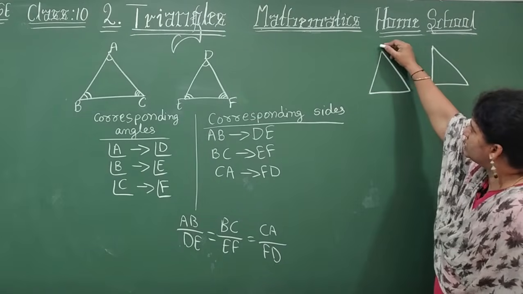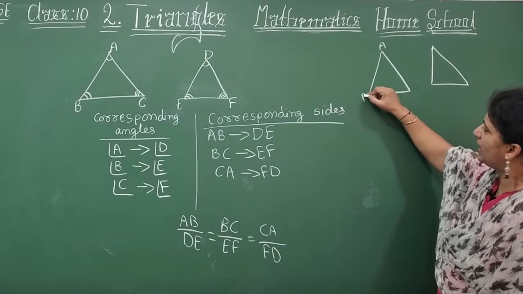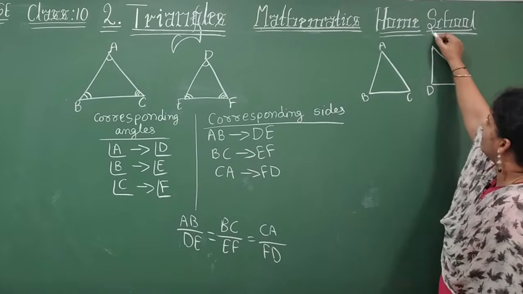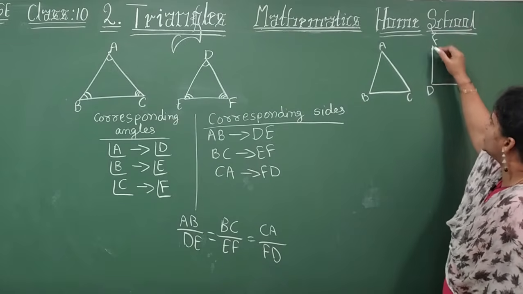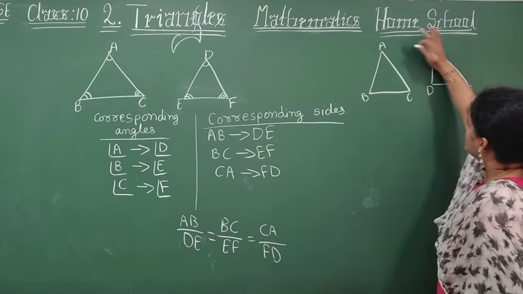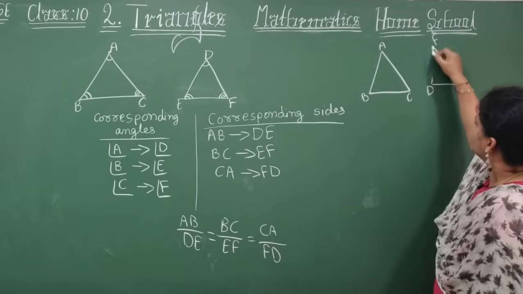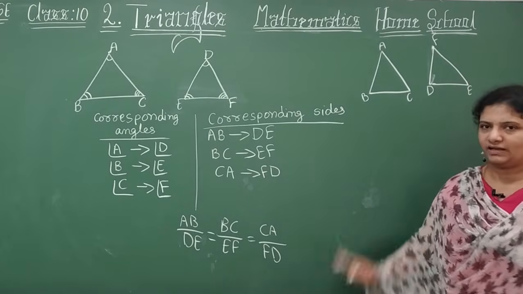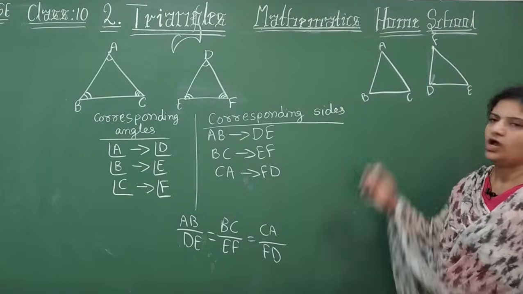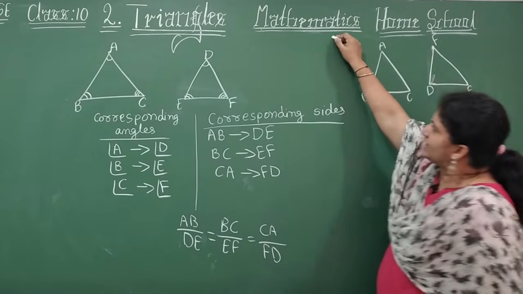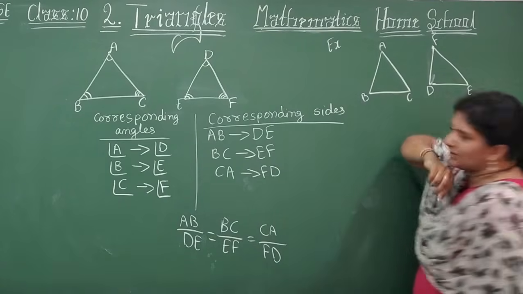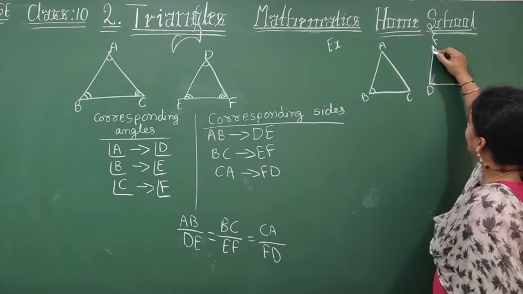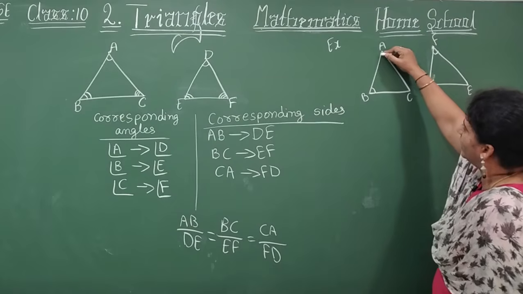Suppose I give you A, B, C, D, E, F. Try to compare these two, children. It's not a right angle actually, so let's take it like this. Okay. Now consider one example here, children. Observe carefully how I give the arcs. In that manner you need to compare.